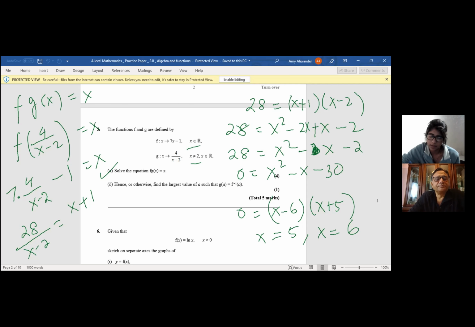What is that? Hence or otherwise find the largest value of A such that g of A is the inverse of f of A. Okay, so when they say hence or otherwise, so when you do function of a function, and if you do f inverse of A, hence or otherwise find the largest value of A such that g of A equals f inverse of A, right?